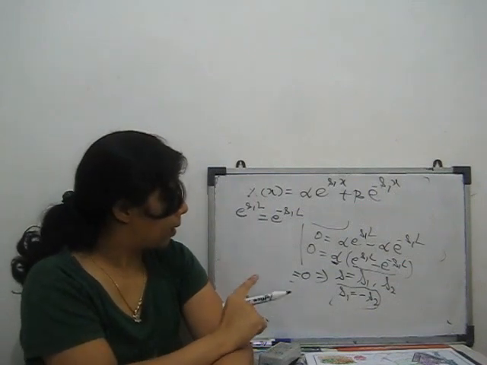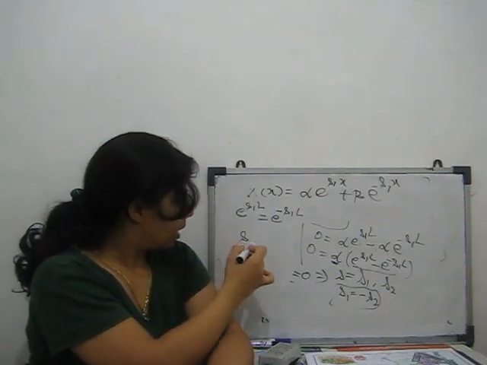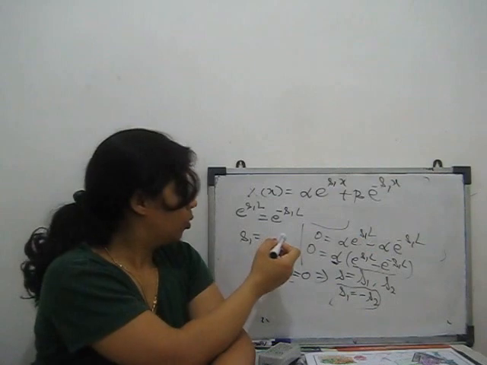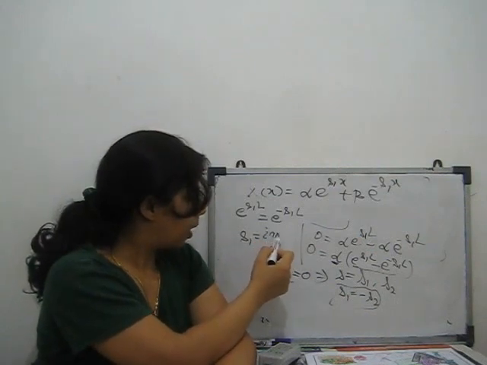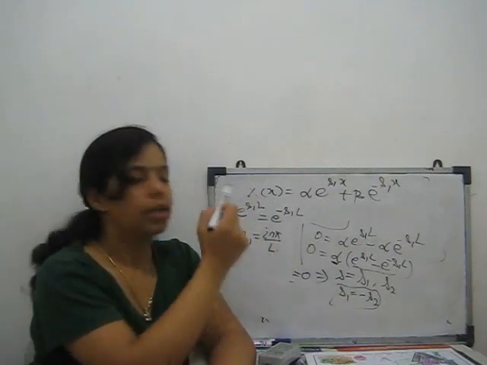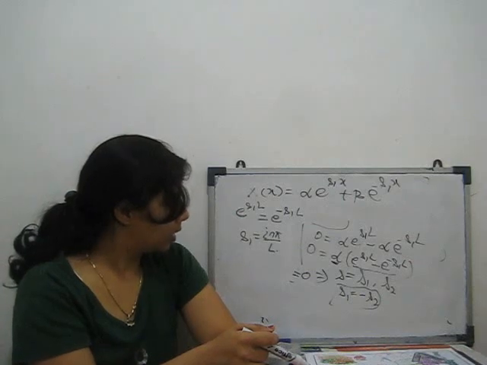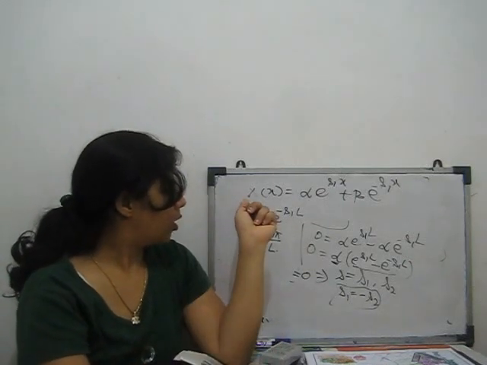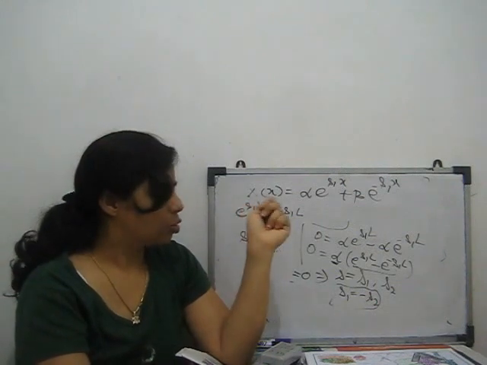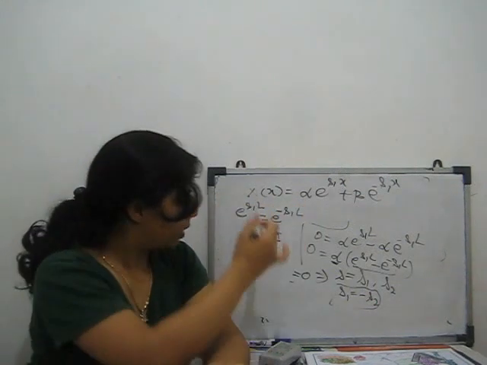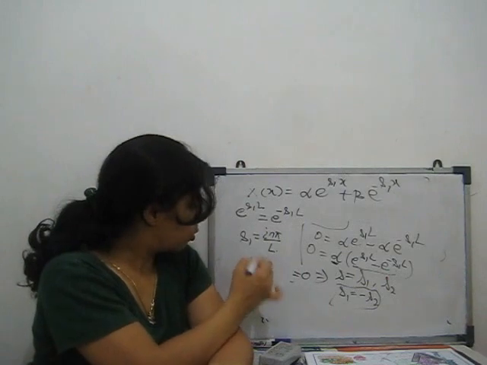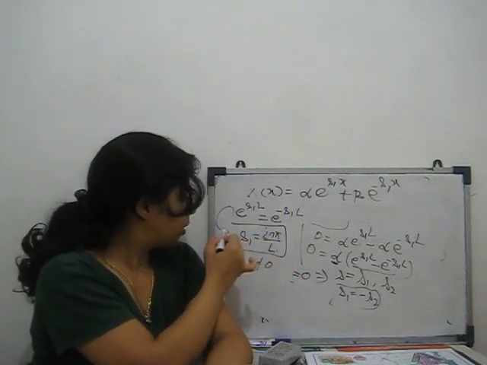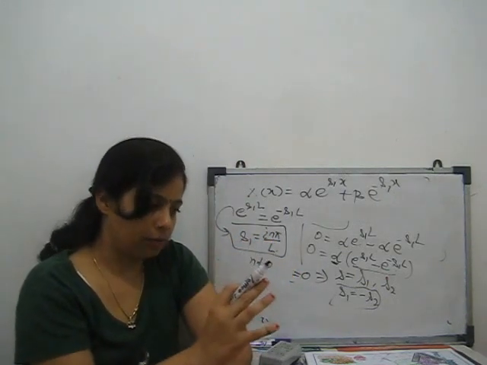So we can say from there s1 is equal to iota n pi by L, where n is not equal to 0. Clear? So with this we can find the value of s1.